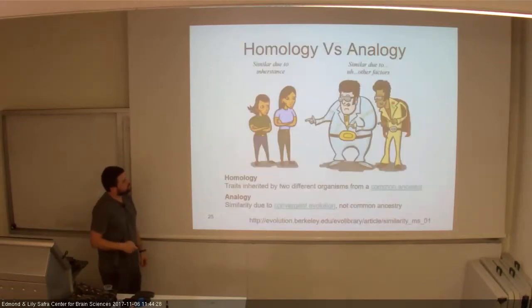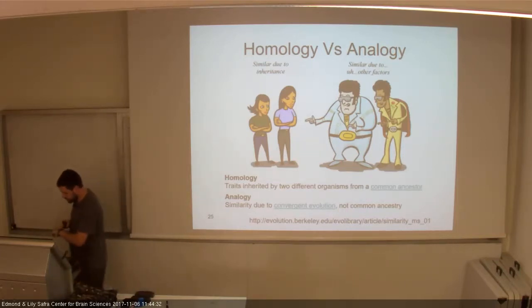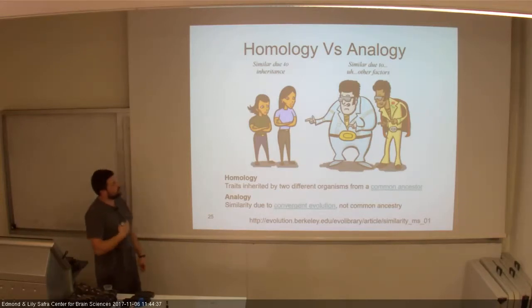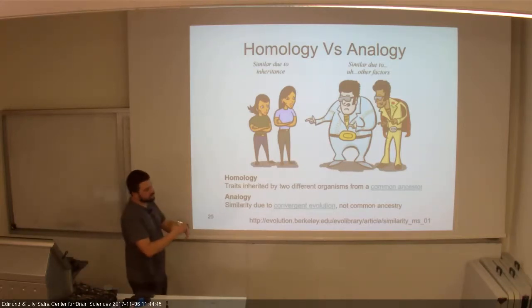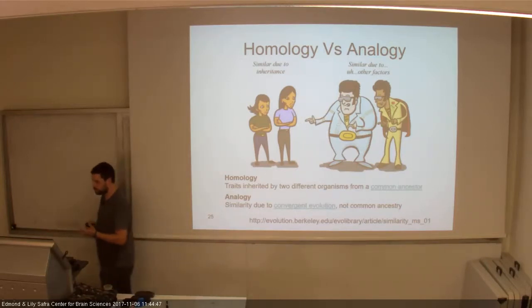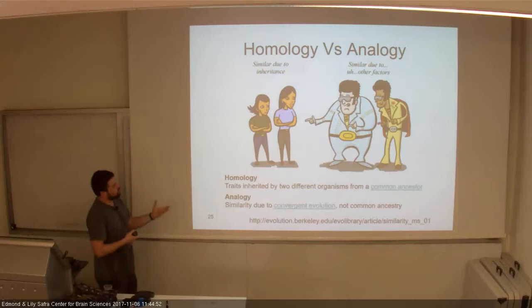So a little terminology, and this is also a very nice example of the differences between homology and analogy. Homology is similarity due to inheritance from a common ancestor, and analogy is similarity in the way that they look. A lot of times proteins which are homologous to each other are also similar to one another, so we can say that they're also analogous.